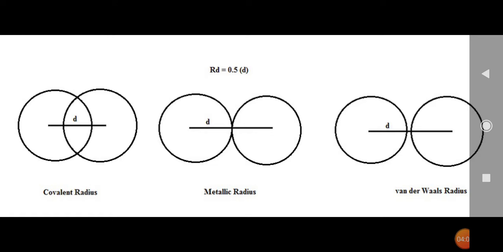Out of these three kinds of radius, the van der Waals radius is the largest, and the covalent radius is smaller than the metallic radius. Talking about the general trend of atomic radius, from left to right it decreases, and from top to bottom it increases.